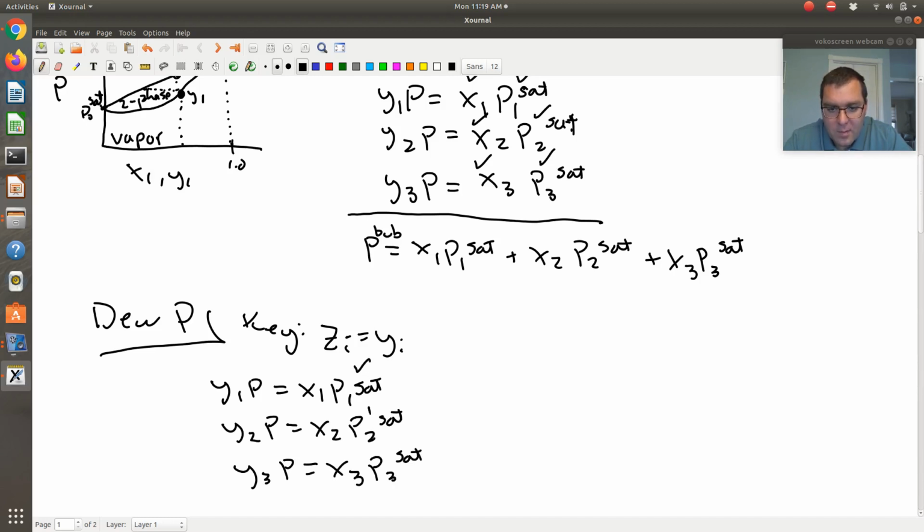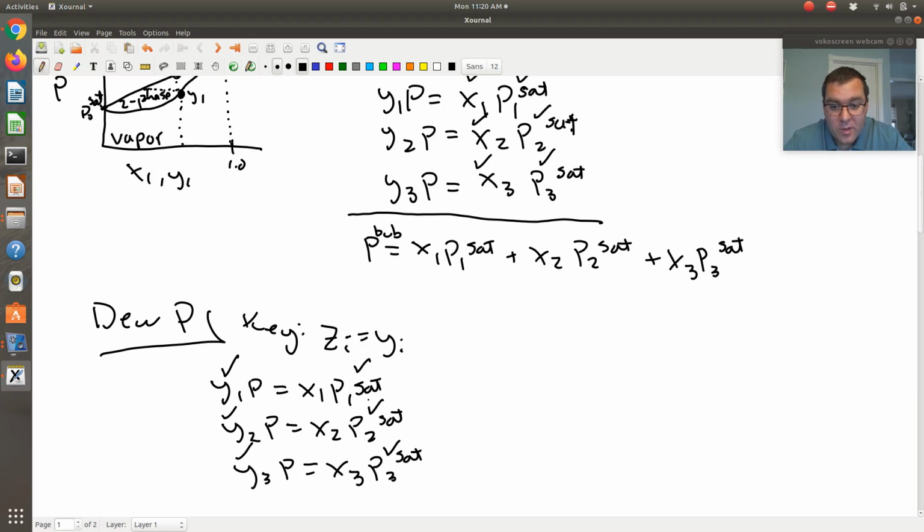The idea being we know our pure component vapor pressures. I know y, because now it's y that's equal to the composition of my mixture. I want to solve for P, the dew P, since y is equal to z. What I don't know is x. I don't know x and I don't know P. I don't care about x at this point. I only care about P.